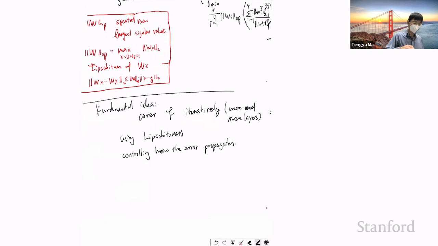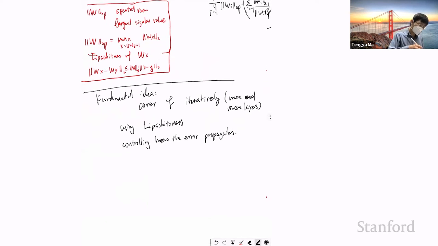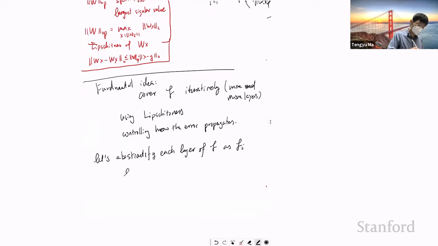It's kind of abstract, but let me dive into the details. For simplicity, let's abstract each layer of f as fi. Basically, fi corresponds to a matrix multiplication plus an activation layer.